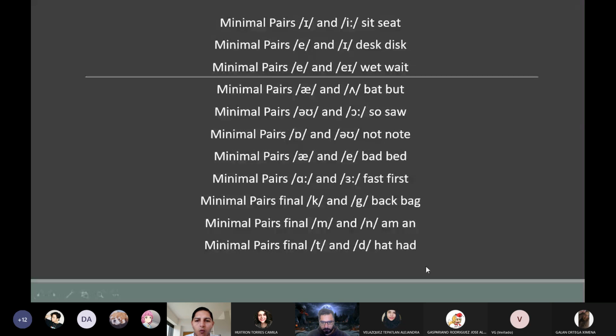So you're going to have 2, 4, 6, 8, 10, 12, 14, 16, 18, 20, 22. Well, let's say 24 because we also have ride and road. I like to ride my bicycle on that road.